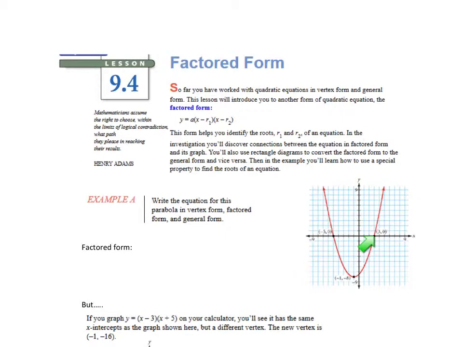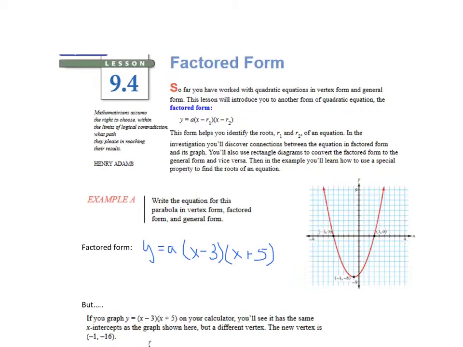So when we write that in factored form, we to this point don't know what a is going to be, but root 1 can be 3, so x minus 3. And then when we have an x minus a negative, it becomes x plus. So this is x minus a -5, or x plus 5.